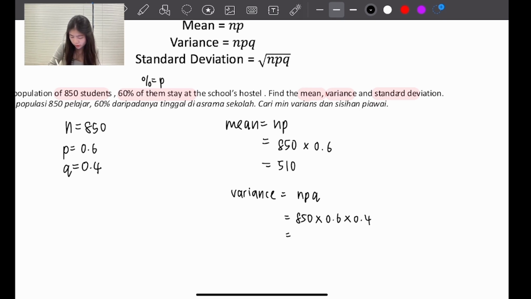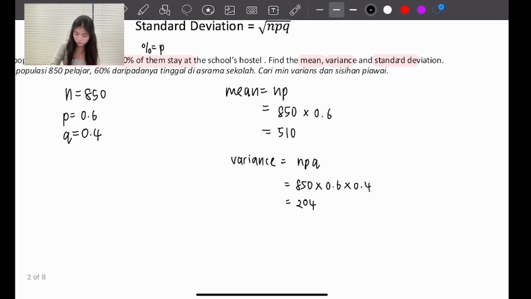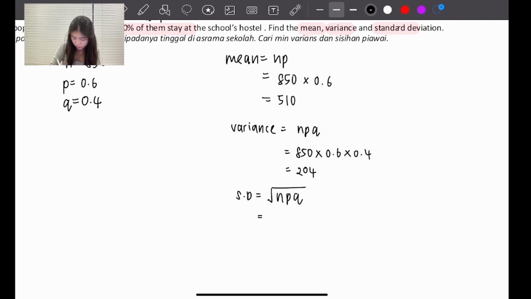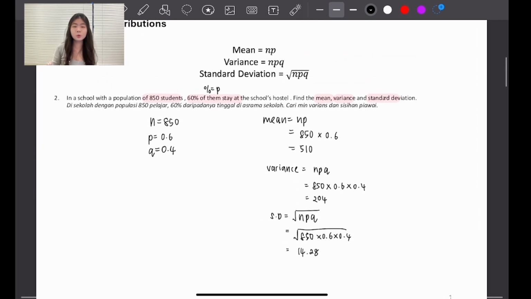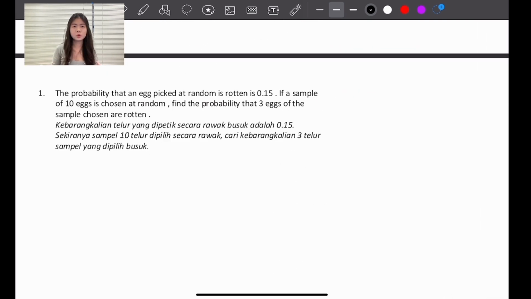The answer we get is 204. And last is the standard deviation. For the standard deviation, we just put a square root in front of npq, so the square root of 850 times 0.6 times 0.4. The answer we get is 14.28. So that's all. We are going to practice two more questions.